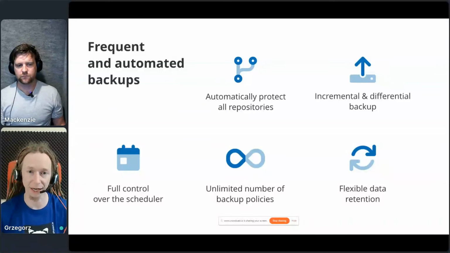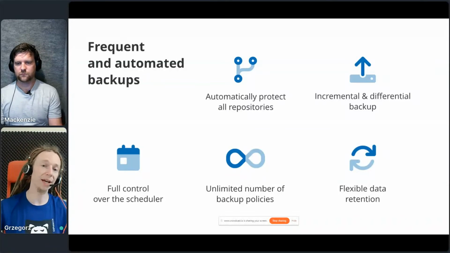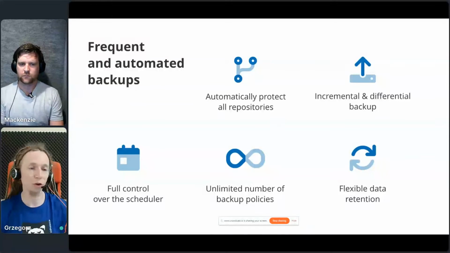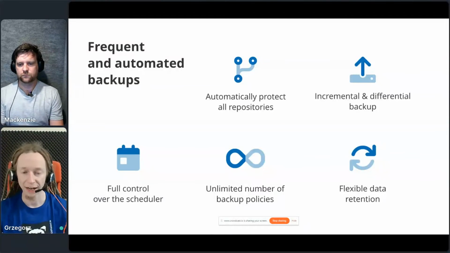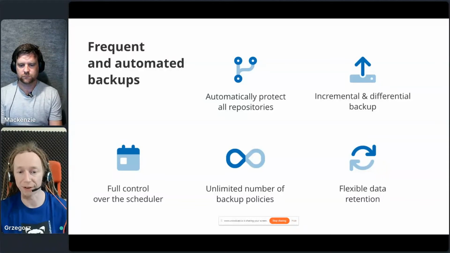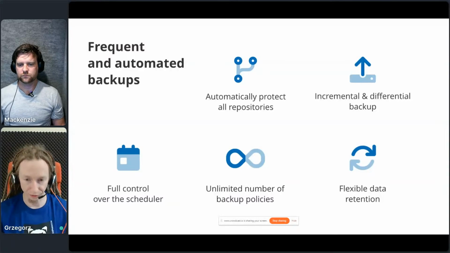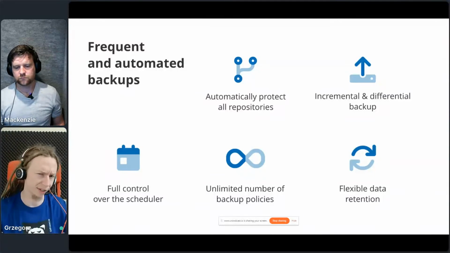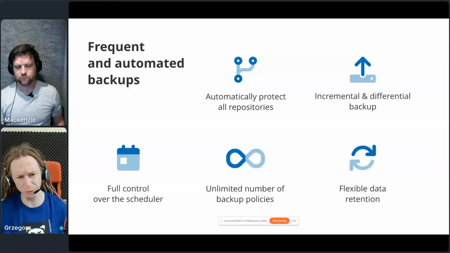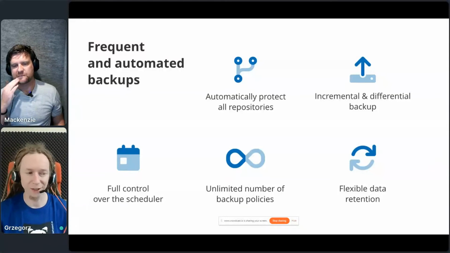It's also good to make backups in an incremental and differential manner because in that way you don't need to send too much data at once and you are just fetching from your Git repository only the changed part of the data. And of course, in terms of source code, it's not a big deal to make a full copy of your data every time because usually source code is not so big and it doesn't take so much space.